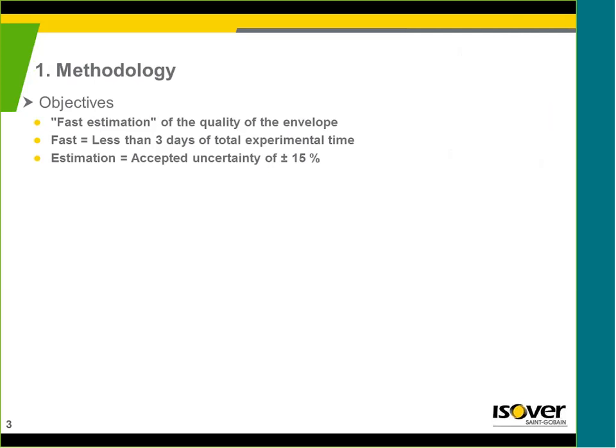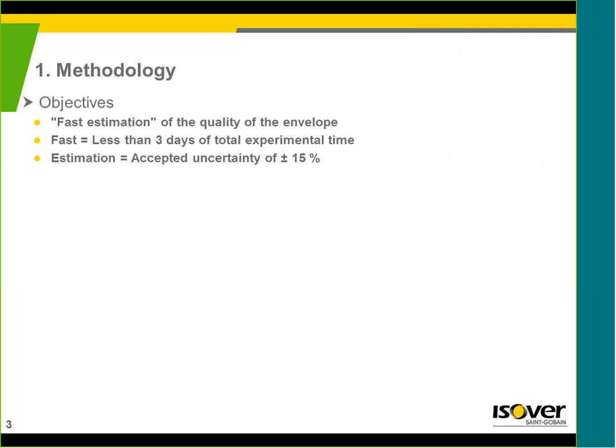First, what it is. What we want to do, to be clear, is basically the same thing that a coating test does, but faster. So faster, we would mean hopefully less than 3 days of total experimental time. That was the aim at first.